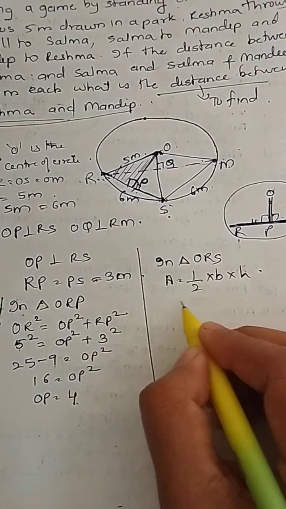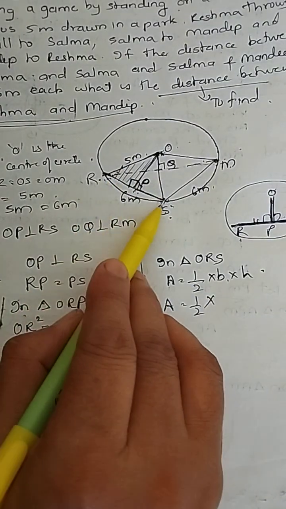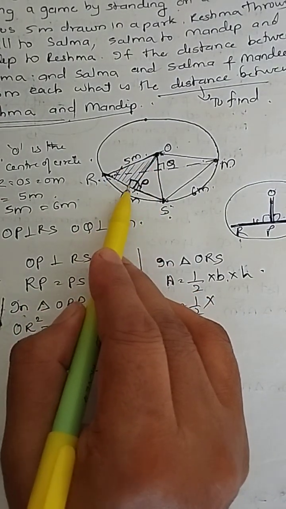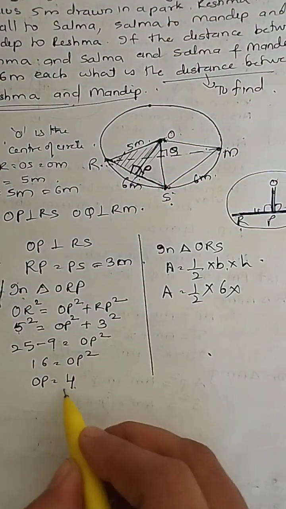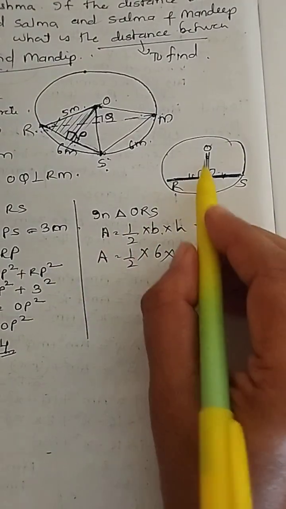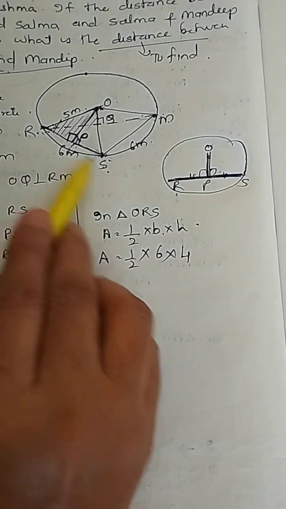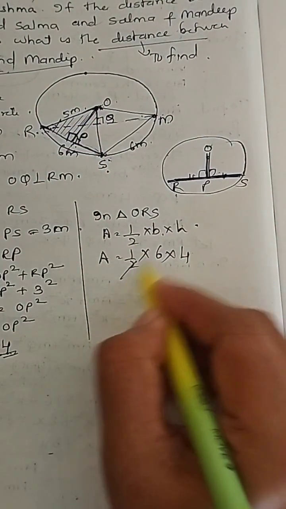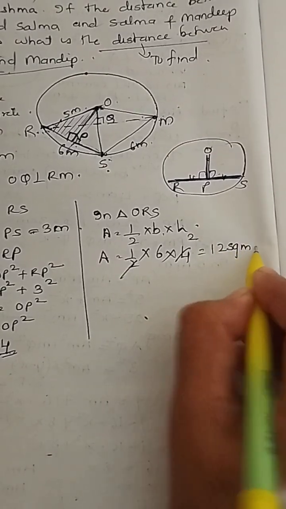Height means always perpendicular. What's the base here? 6. And height I already found out, OP, that is 4, right? Half into 6 into 4. So area is equal to 12 square meters.